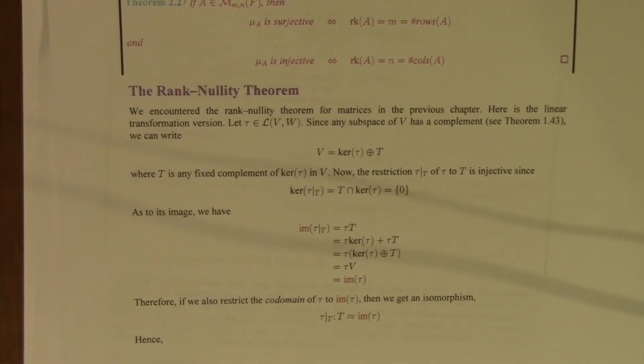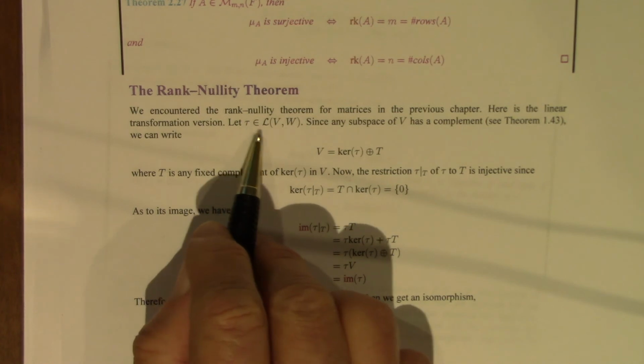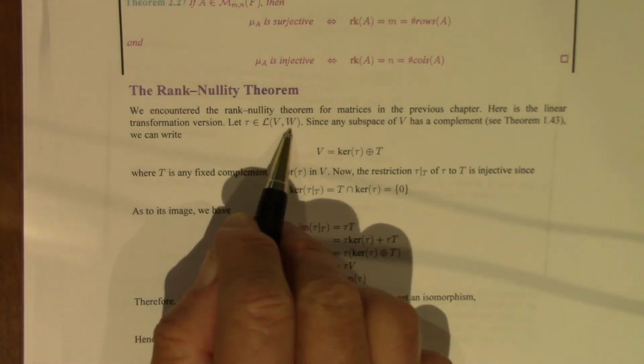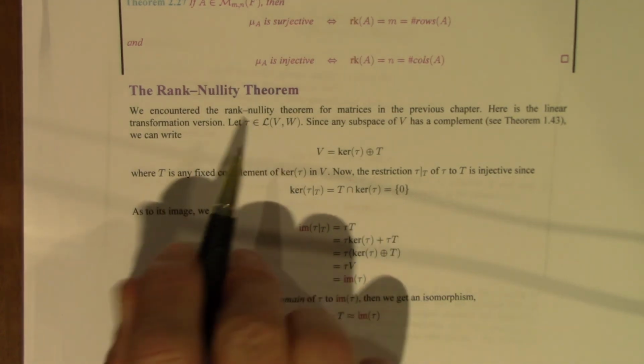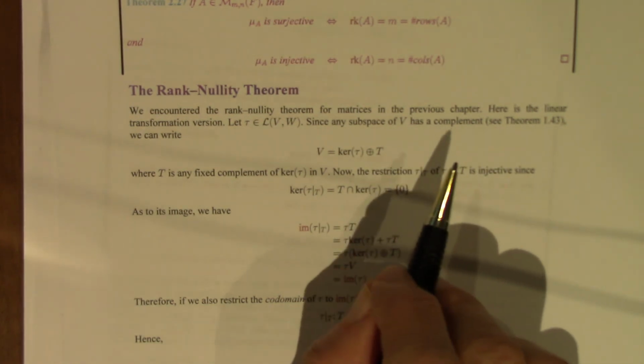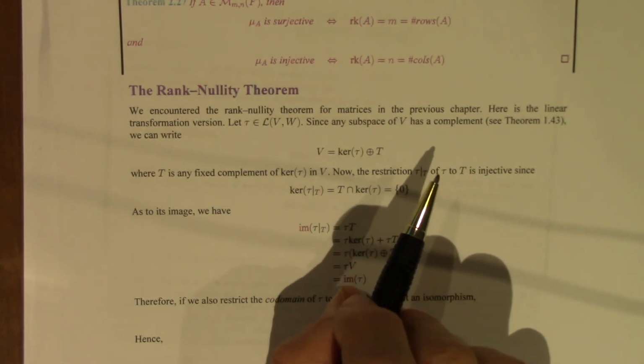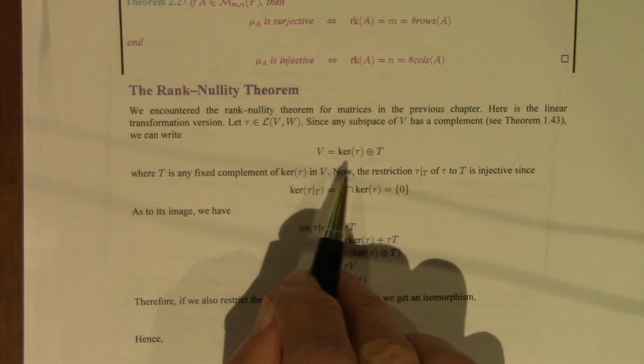Let us now examine the famous Rank-Nullity Theorem for linear transformations. And that would include matrices because it includes matrix transformations. So let's let tau be a linear transformation from V to W. We know that any subspace of V has a complement, so that includes the kernel.